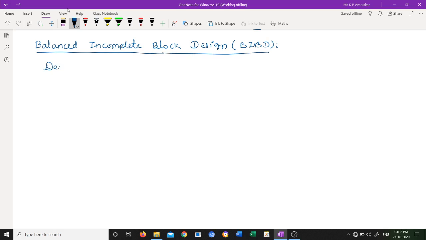Definition of BIBD: an arrangement of V treatments in B blocks of K plots each.